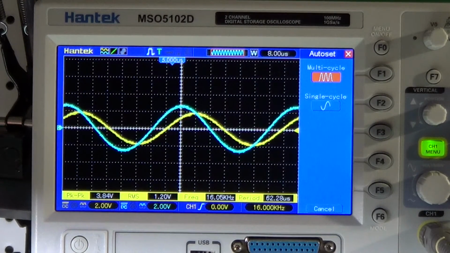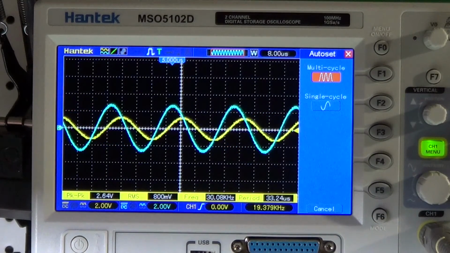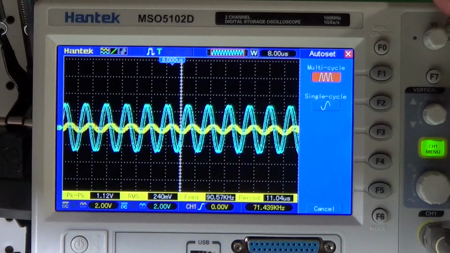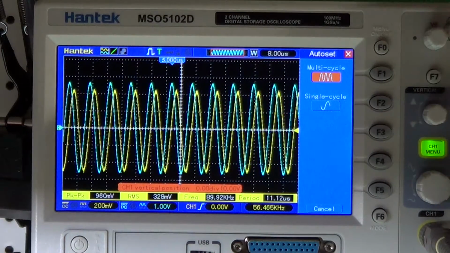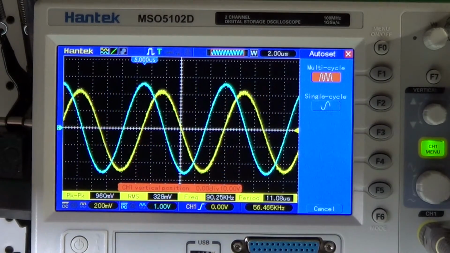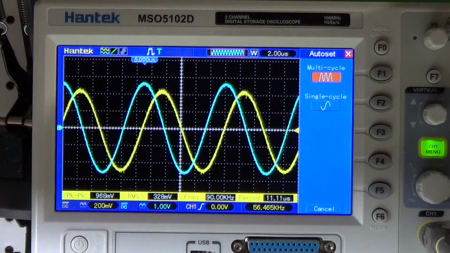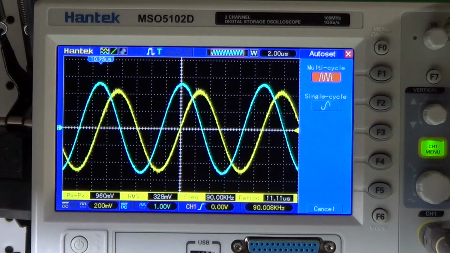Let's keep going up now with the frequency and let's see what happened for greater values of the frequency. Okay, let me increase this a little bit so we can better see what's going on, otherwise we won't be able to see exactly what happened. Okay, here we are. Look at this now. Let me center again on the blue wave.